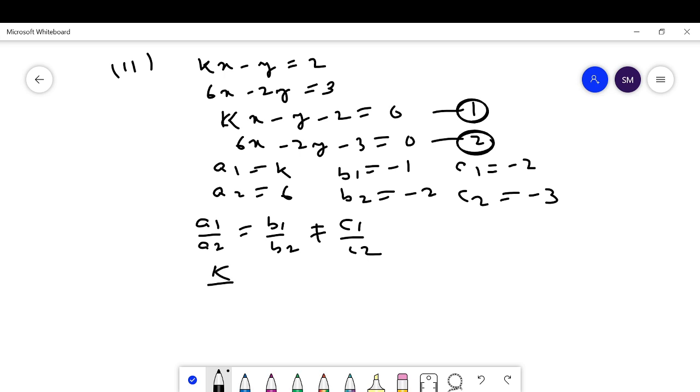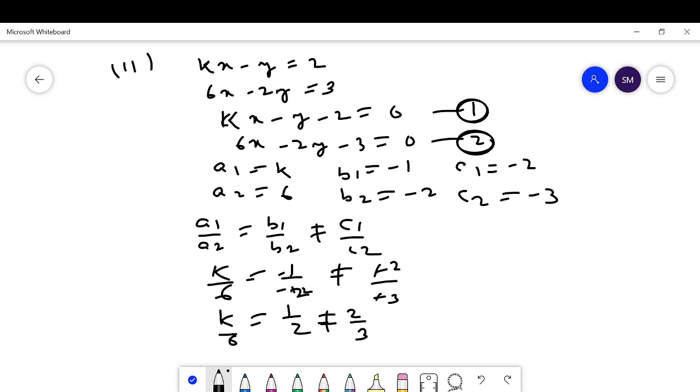Then here k by 6 is equal to minus 1 upon minus 2, which is not equal to minus 2 upon minus 3. Here k by 6 is equal to 1 by 2, not equal to 2 by 3. Here 1 by 2 is not equal to 2 by 3.